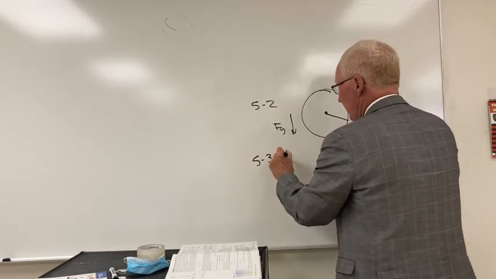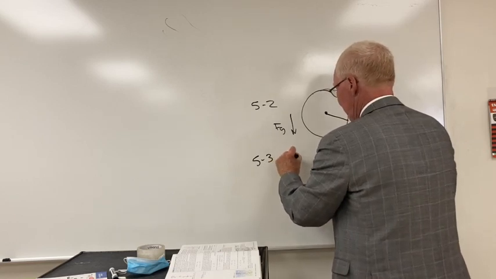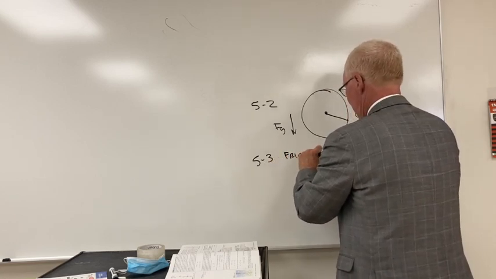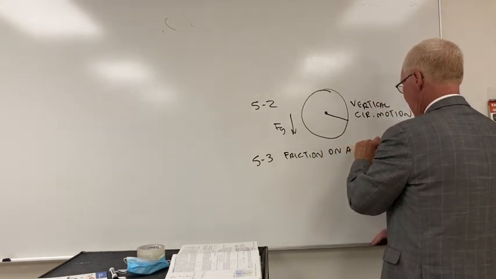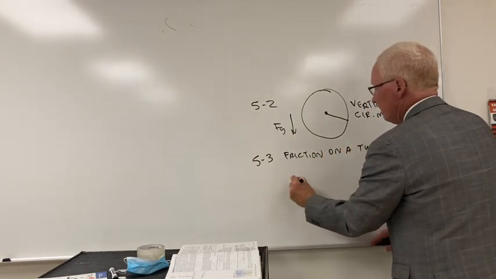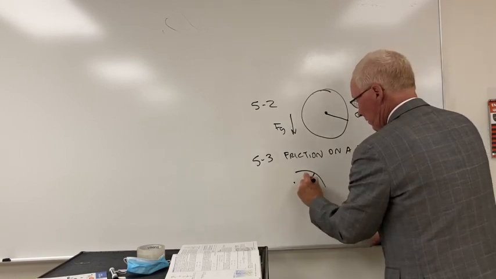5.3 is friction on a turn. So we have a turn of radius r.